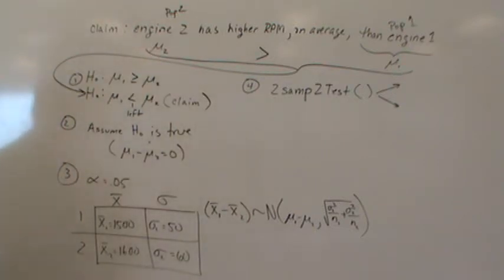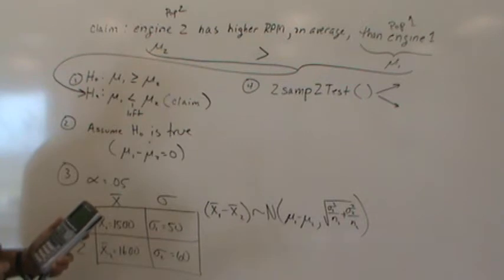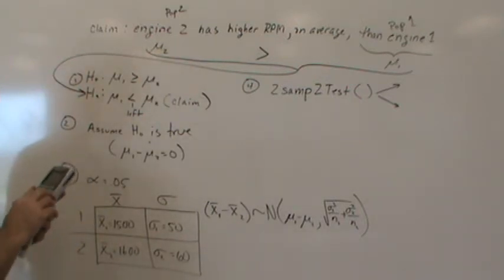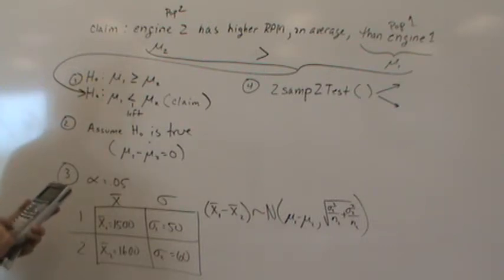So 30 each. N1 and N2 are the same again. That won't always be the case. So N1 is 30. X bar 2 is 1600 with N2 equal to 30.